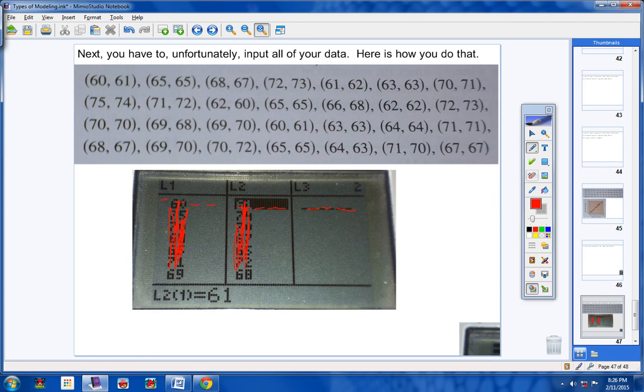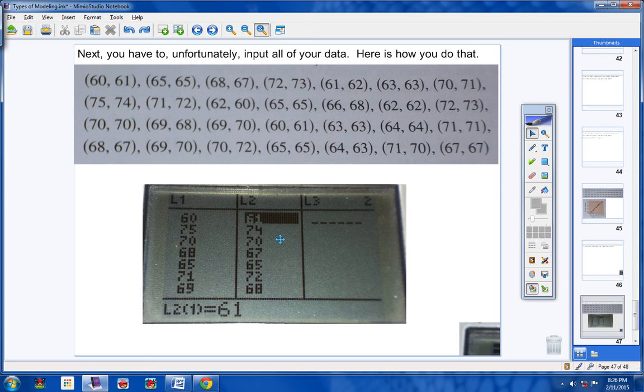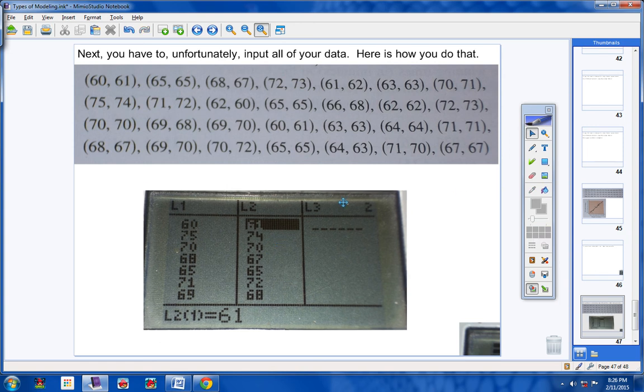So what you're going to do now is you're going to enter the data into your calculator. So listen carefully how you do that. So if you scrolled over to the right, I want you to scroll back over to the left now and make sure your cursor is on list number 1. Okay. Now, if you hit up, your cursor is going to be right here on the L1 button.